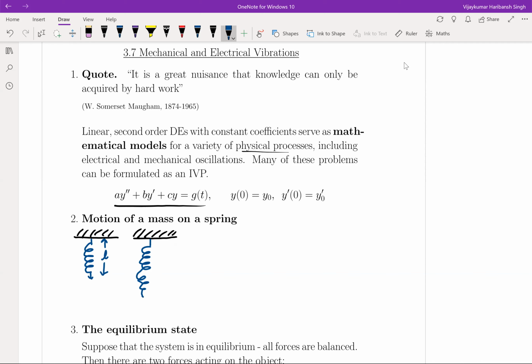The spring gets stretched. This is mass M.